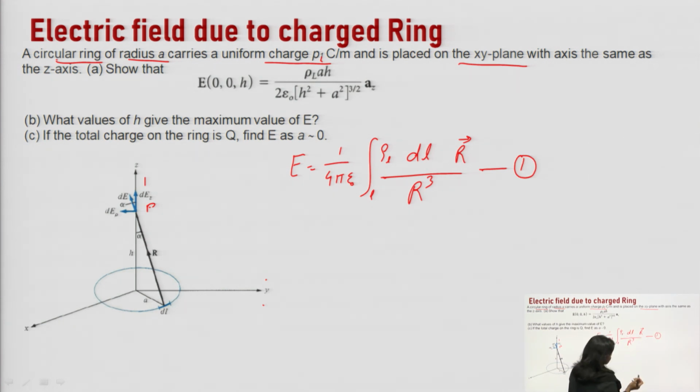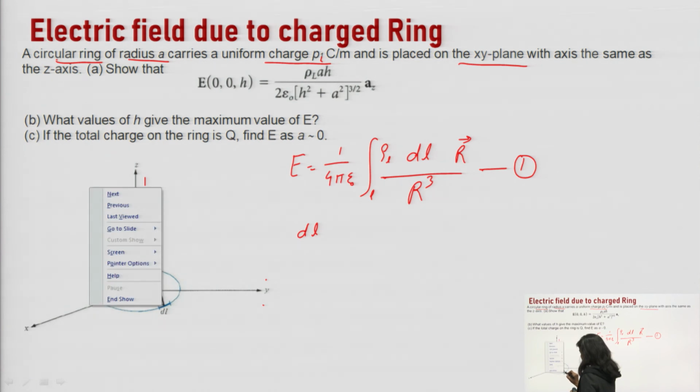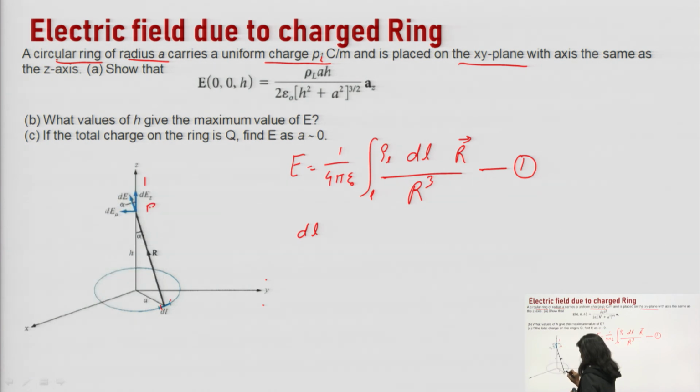Now, in this equation we need to find dl and r vector. So, in the first step we will find the dl. dl is the small elementary length of the charged ring. Here we can see that this is our charged ring and this elementary small part we have taken for the consideration, and this is the dl.